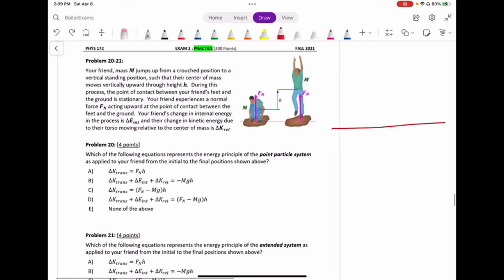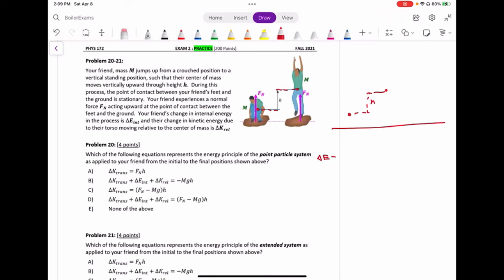Initially, where is his center mass? It's right there. So let's say it's at that point. And then finally, after some time, his center mass is right there. What this H is representing, I believe. So his center mass moved along that distance H. So let's see here.